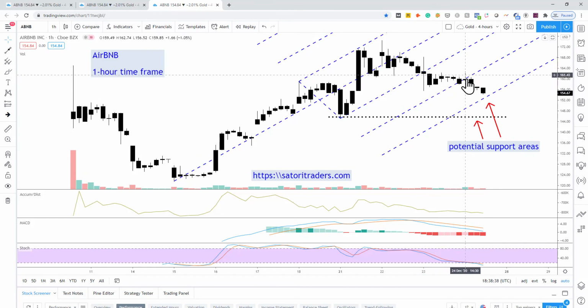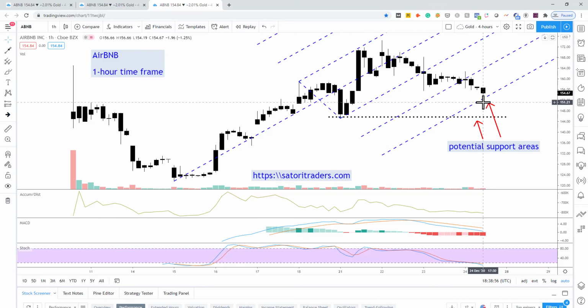We get another interaction at the next. This is the first lower extension of this Andrews pitchfork, and interesting that we're getting these doji price bars or candlesticks right at the median lines.